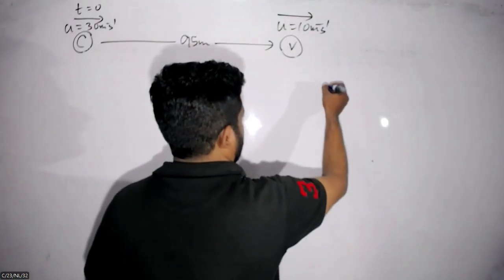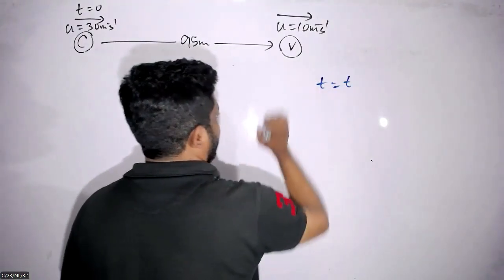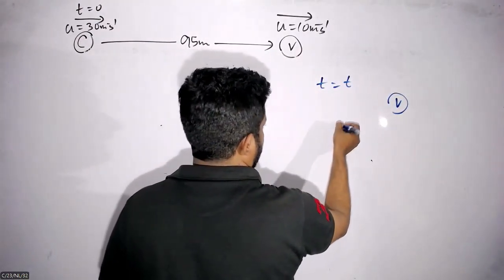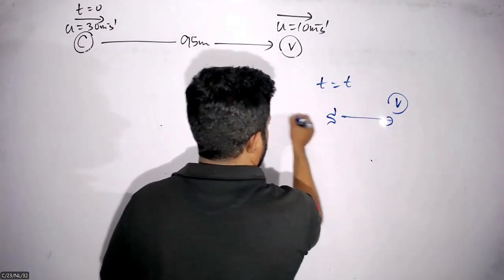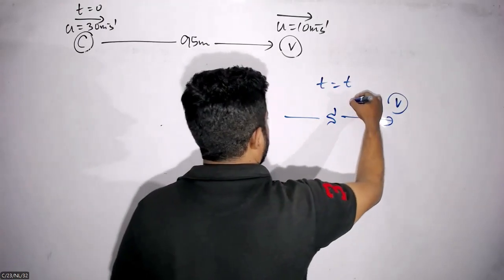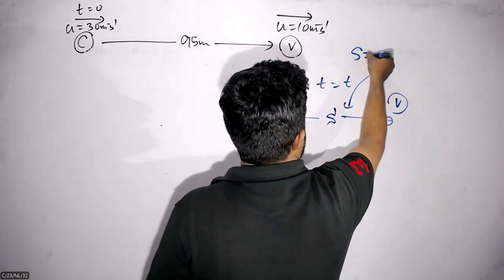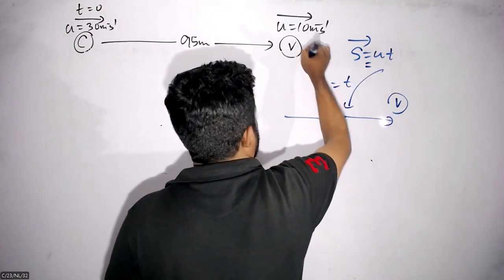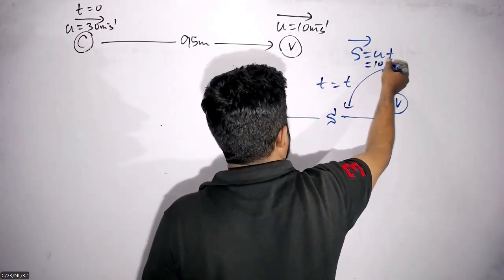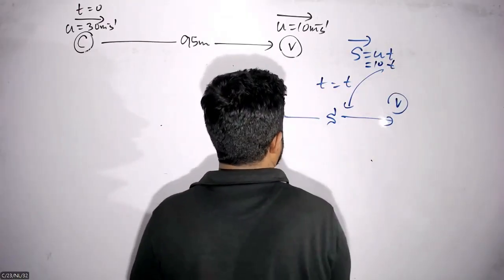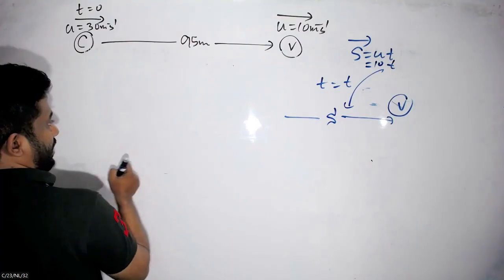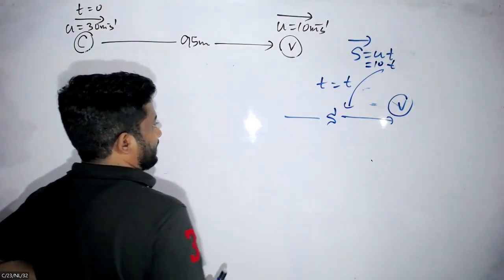Let's assume during this time interval t, this is the distance traveled by this vehicle, S. You can obtain this displacement by applying S equals ut for the motion of this vehicle. Uniform velocity of the vehicle is 10, time interval is t, so 10t. And then the displacement acquired by the car during the same time interval, let's call it S.